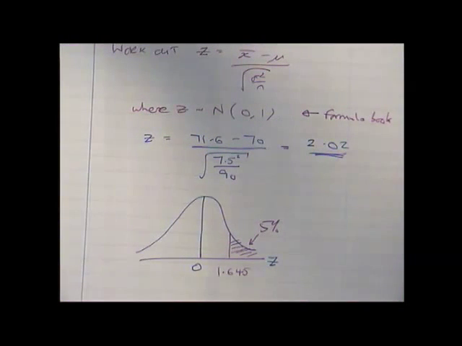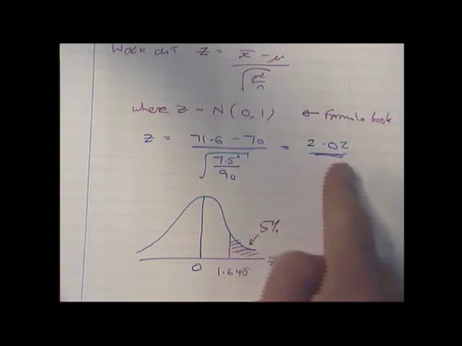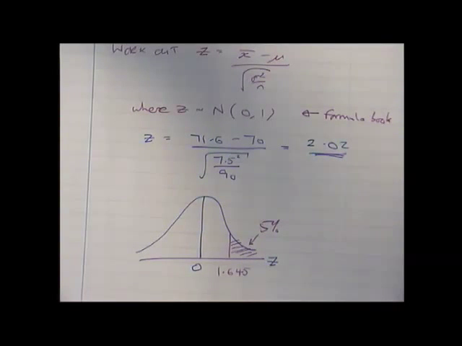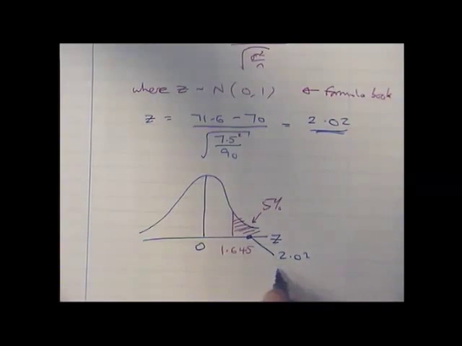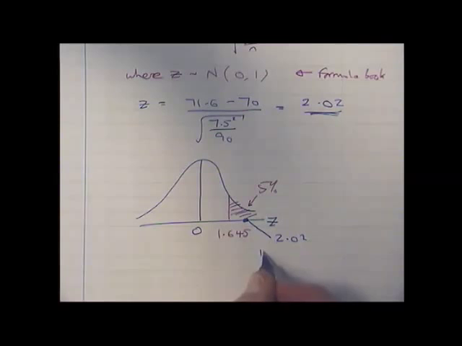Okay. Now, how do we decide on what conclusion to accept here? Are we accepting H0 or not? We say 2.02. Where is that 2.02 on this Z scale? It's over here, and it's in the critical region.